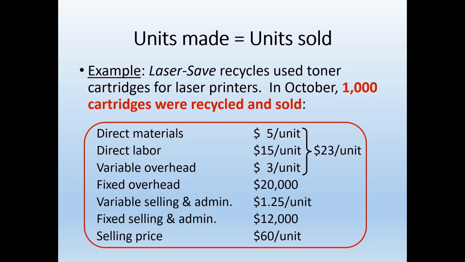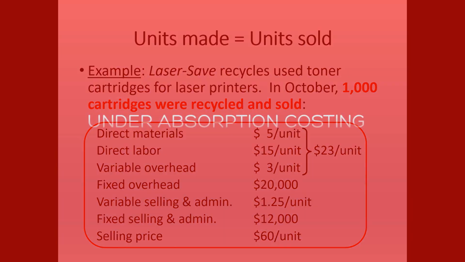And we're given some information about the firm's variable manufacturing costs, fixed manufacturing overhead, variable selling and administrative costs, fixed selling and administrative costs, and the selling price for each cartridge.